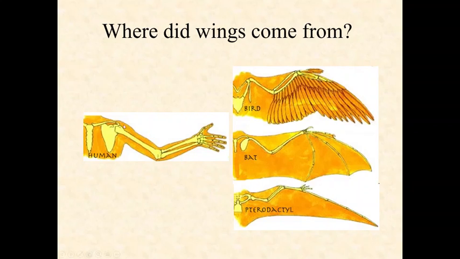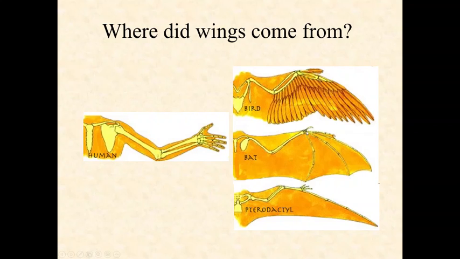And I could have put a dog here or a turtle or any other tetrapod vertebrate. But we've got a humerus, right? Birds have a humerus, bats have a humerus, pterodactyls have a humerus. A radius and an ulna. There's the radius, there's the ulna. Same thing in the bat and the pterodactyl. So despite differences in shape and size, we have many of the same ancestral bones.